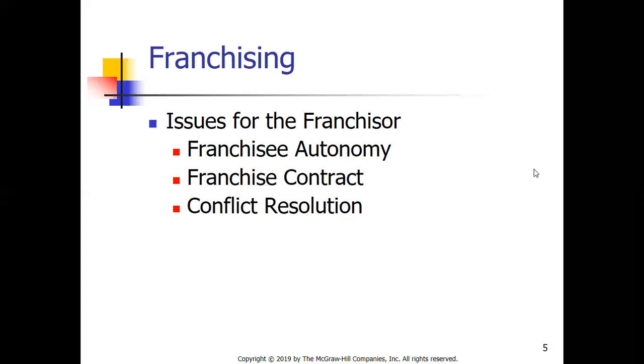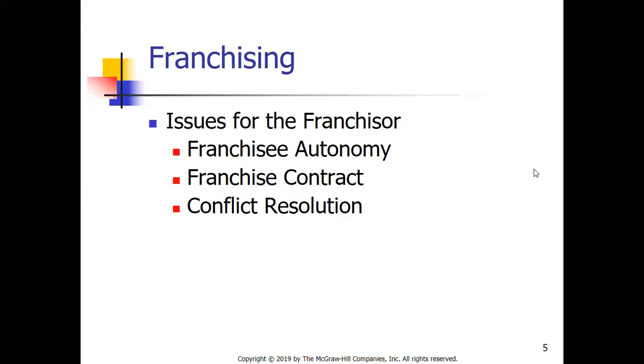And we also have conflict resolution. In terms of fees and profit, whether you are satisfied or not with the distribution. If the restaurant or outlet needs to be upgraded, whether the cost is shared by the franchisor and franchisee or not.